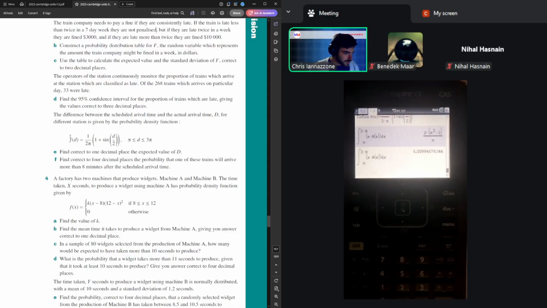Cool. Part F, final one of this section, and it looks like an easy one to finish up unless I'm misreading it. Find the probability that one of these trains will arrive more than 8 minutes after the scheduled arrival time.